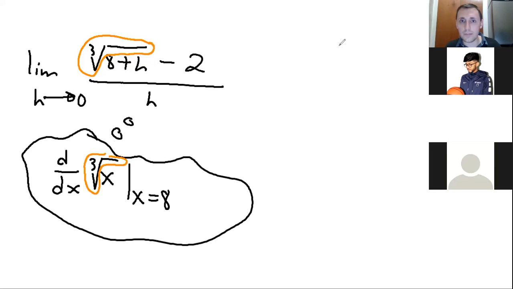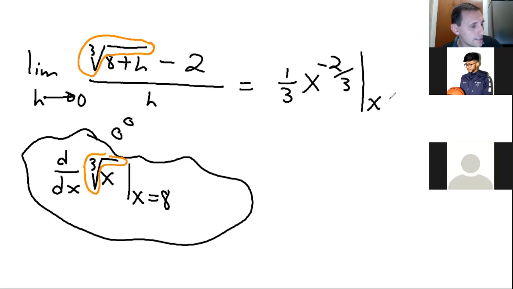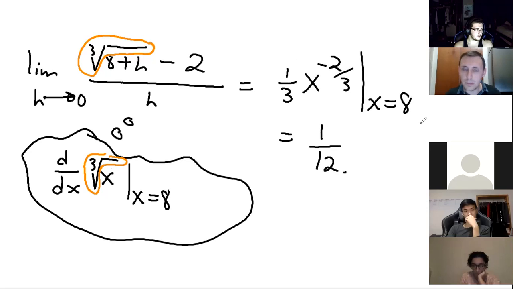I cannot, unfortunately, be sticking with the same material all the time. So the answer is what? What's the derivative of the cube root of x? That's the same as x to the 1/3. So the answer is 1/3 x to the minus 2/3, where x is 8, which is simply 1/12. You see how I did it?